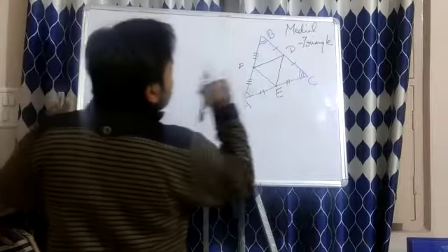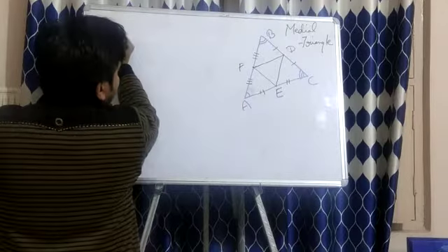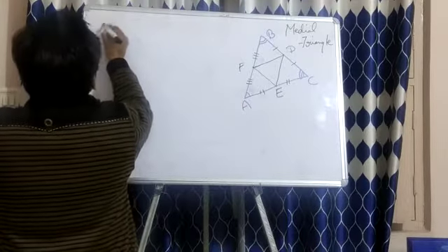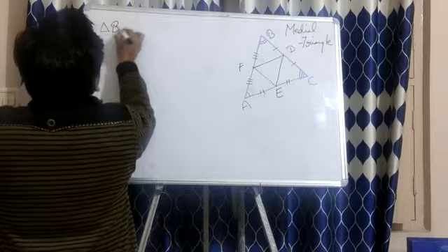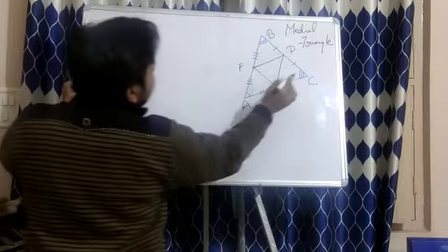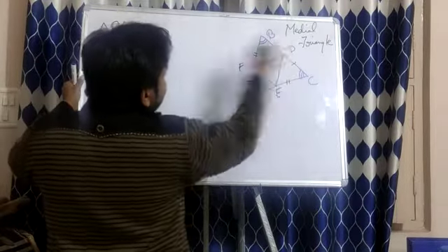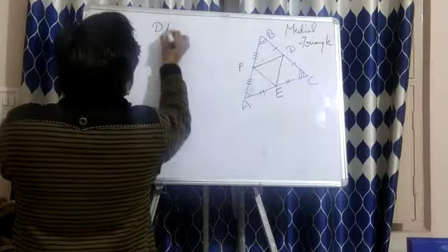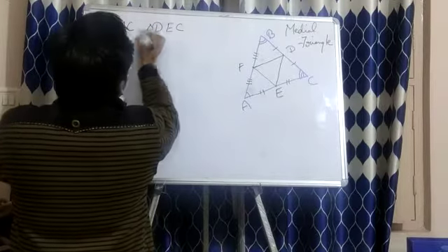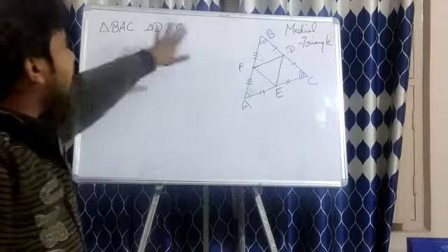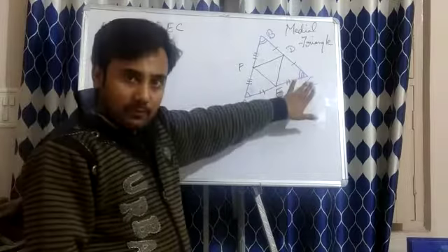Now let's prove what we have just said. If you look at the triangle BAC and triangle DEC, in the triangles BAC and DEC, the angle C is common.